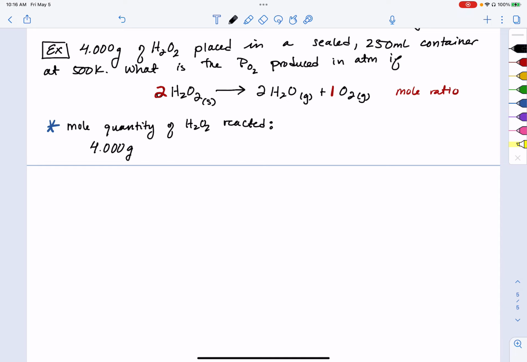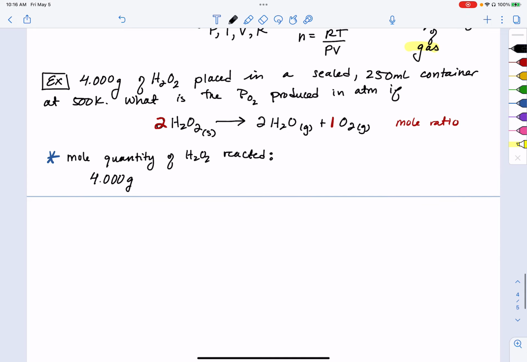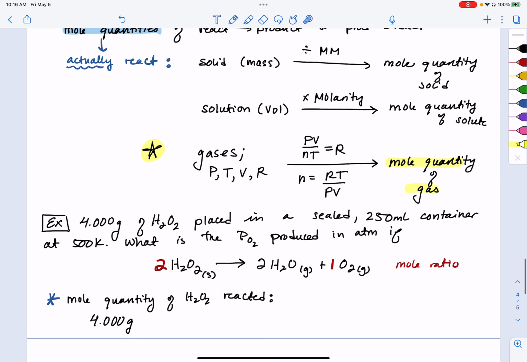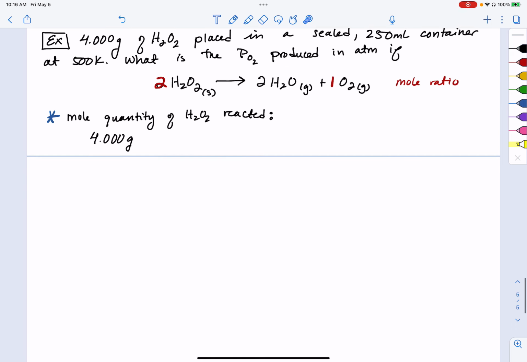Now, since this is a solid, the way that I would get the mole quantity is by dividing by my molar mass. I guess the point is I don't know what phase this is, but it doesn't matter. I know its mass, so I can use molar mass. Looking this up, 1 mole of this weighs 34.016 grams.